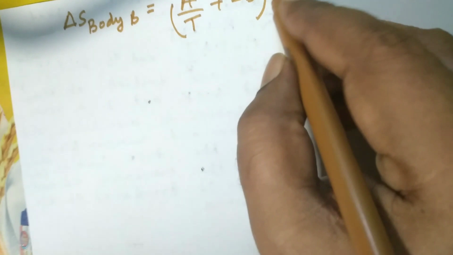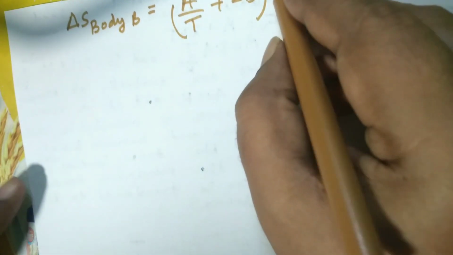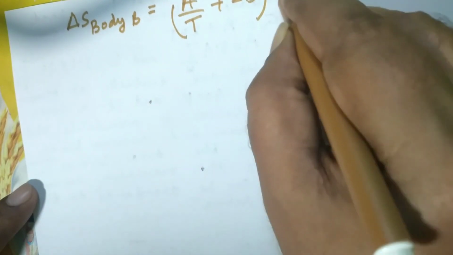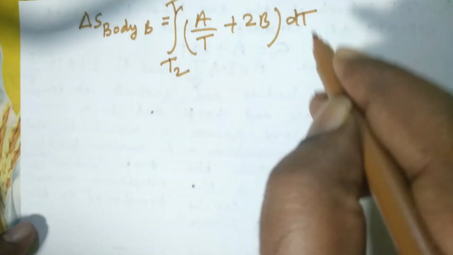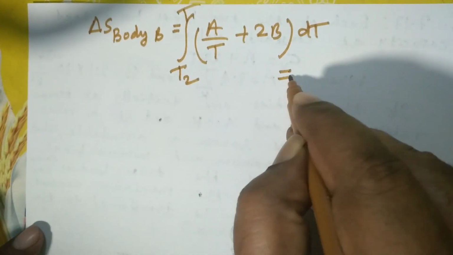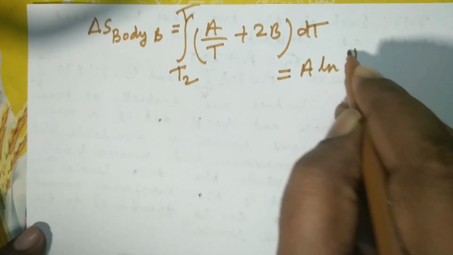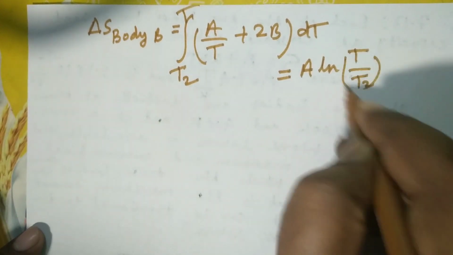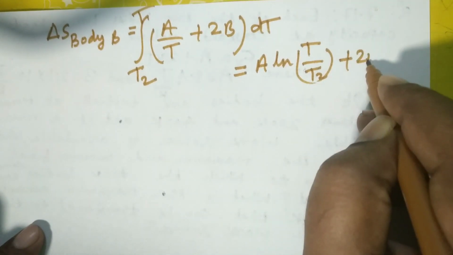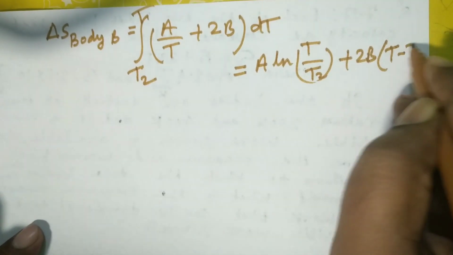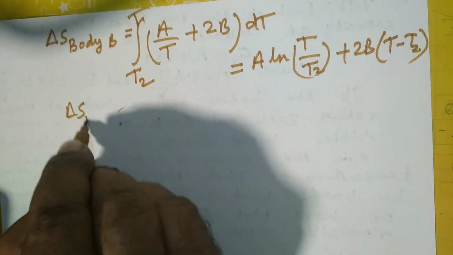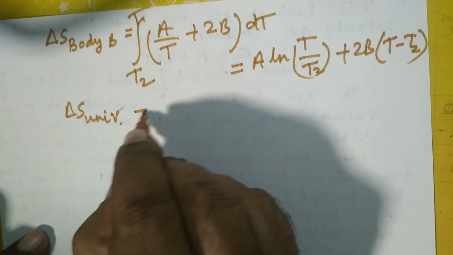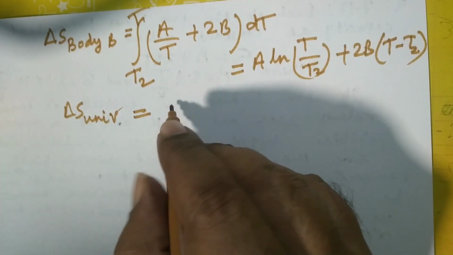So delta S of body B will be the integral of (A by T plus 2B) dT, where T2 is the initial temperature and T is the final temperature. This is equal to A ln T upon T2 plus 2B times (T minus T2). So delta S universe will be delta S A plus delta S B only.